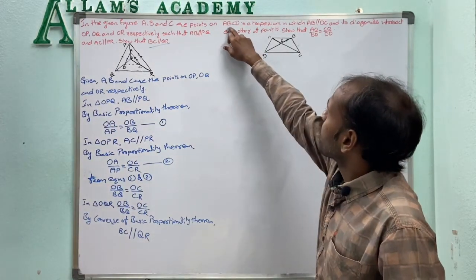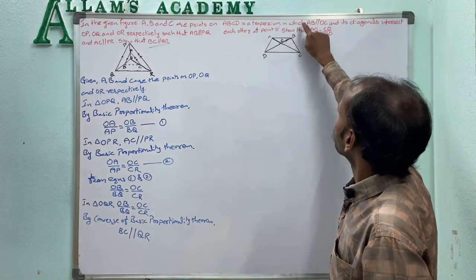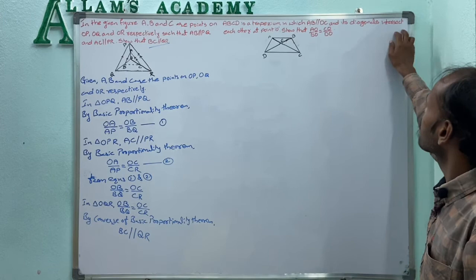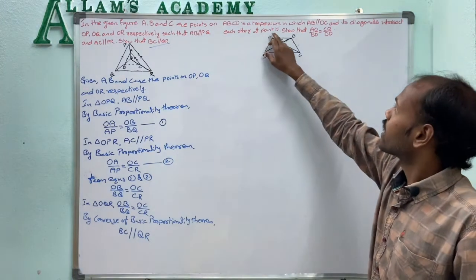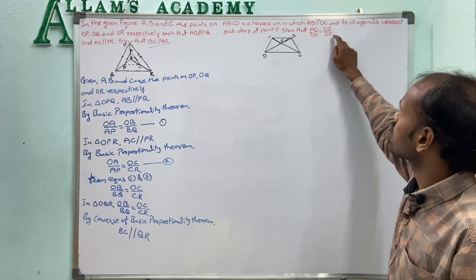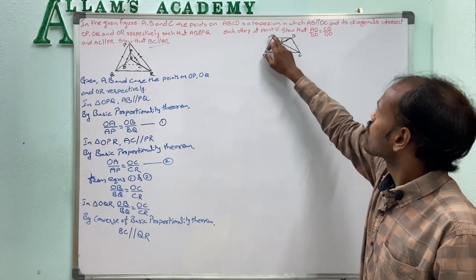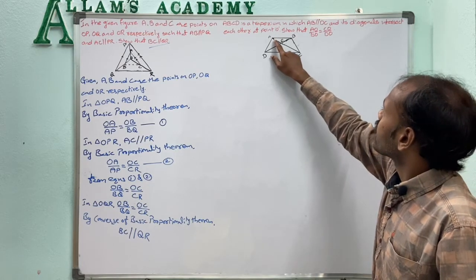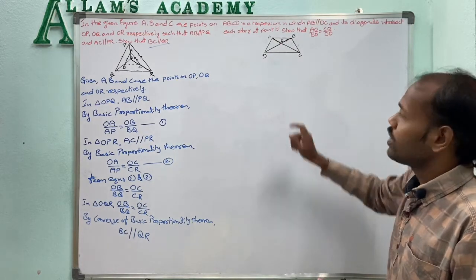Here given ABCD is a trapezium in which AB is parallel to DC and its diagonals intersect each other at point O. Then show that AO by BO equal to CO by DO. So here ABCD trapezium is given and AB is parallel to DC.